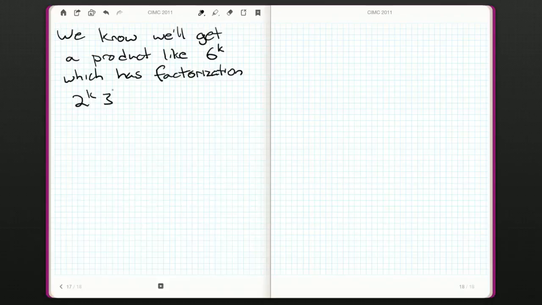Well, it's just 2 to the k times 3 to the k. Okay? So we don't need to figure out the 6 to the k that we get. We just need to count the number of factors of 2 in total, right? Figure out how many 2's are in it. That's going to give us 2 to the k. And we just want 6 to the k. We just want k, really.